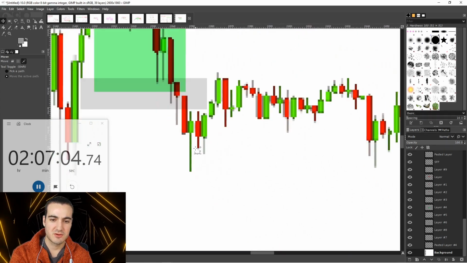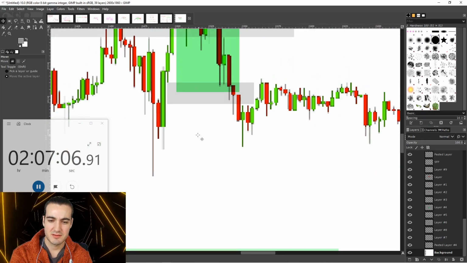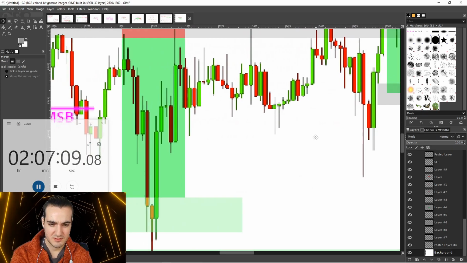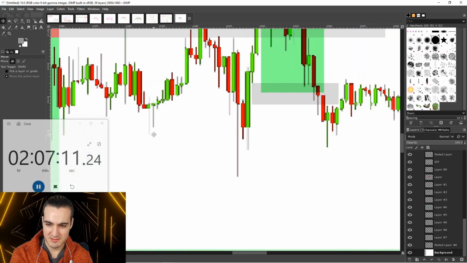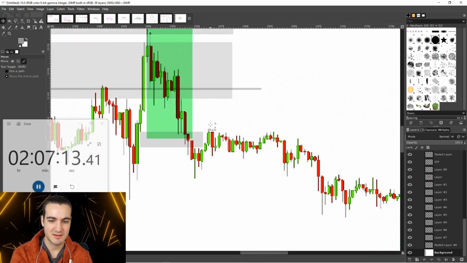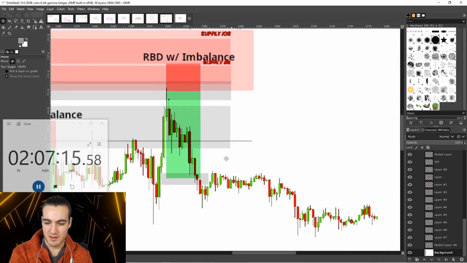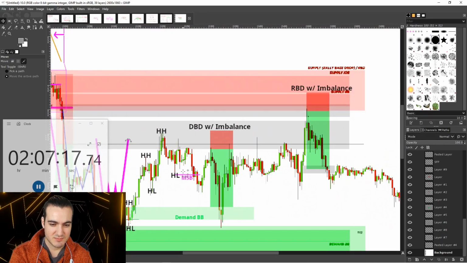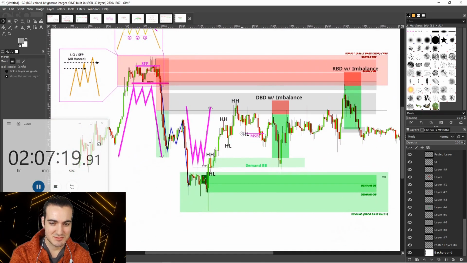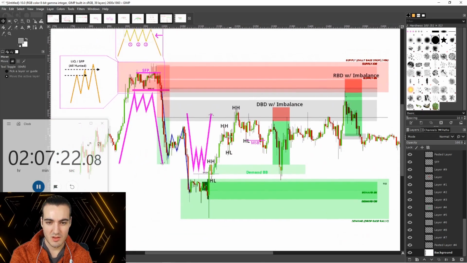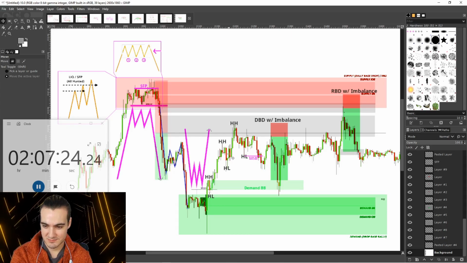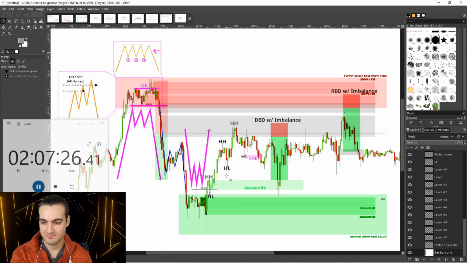Price does go lower, but I don't know if there's anything down here that I could have used, maybe something with this, but not that clear. Anyways, that's one way to look at this chart. We'll move on to the second example.